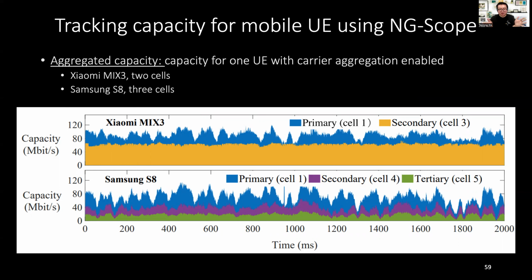So we plot the estimated capacity in these two figures. Different colors mean the capacity from different base stations. You can see from these two figures that the capacity for the Samsung phone varies a lot, but for the Xiaomi phone, there's one base station that provides stable capacity.